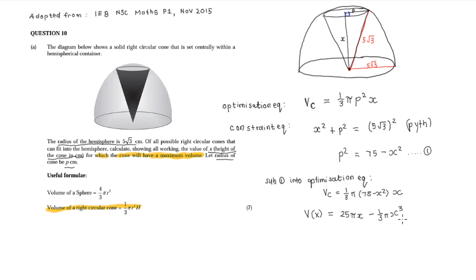Now you can see that our optimization equation has been transformed to have only one variable. And also notice that your optimization equation is a cubic function, so it's going to be necessary for us to be careful about which stationary point we are obtaining, because we want a stationary point that will give us the maximum volume.